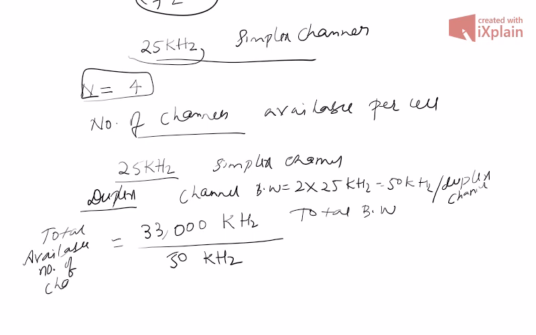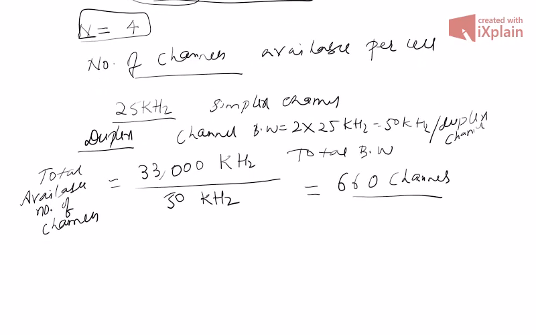You compute this, and it will be 660 channels. It means that you have 660 full duplex channels. For each full duplex channel, you assign 2 frequencies, and those frequencies are allocated within a bandwidth of 25 kilohertz each.